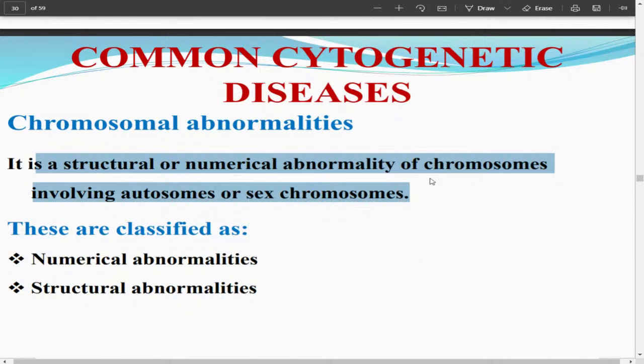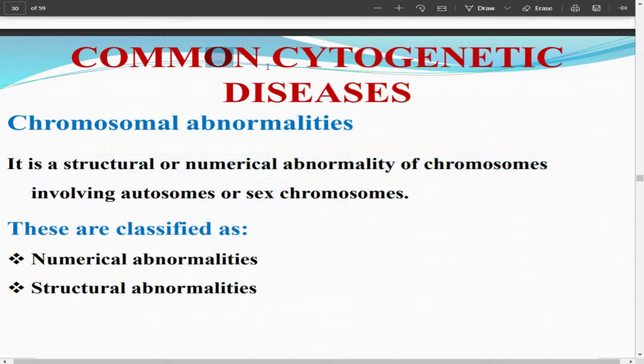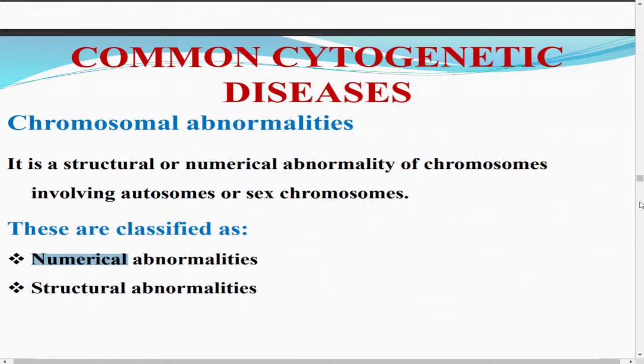Also abnormalities in autosomal and sex chromosomes. There are types, a classification of these autosomal and sex chromosome abnormalities. We have numerical abnormalities and structural abnormalities of chromosomes.